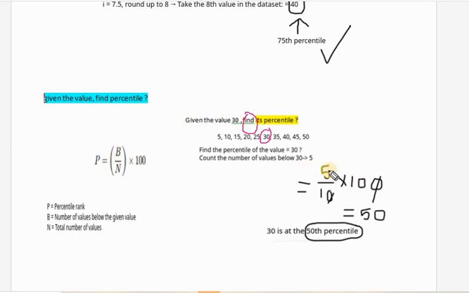P is the percentile rank, which we are going to calculate, and then into 100. N is the total number of values in the data set, which is 10. So we have got 50. This is the 50th percentile, meaning the value 30 will be the 50th percentile in our data set.